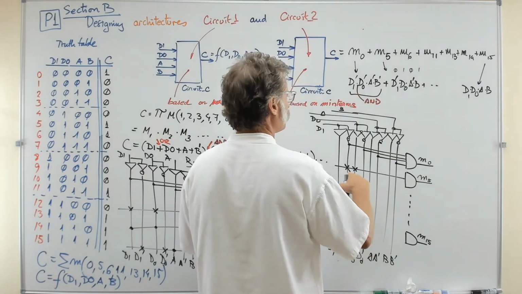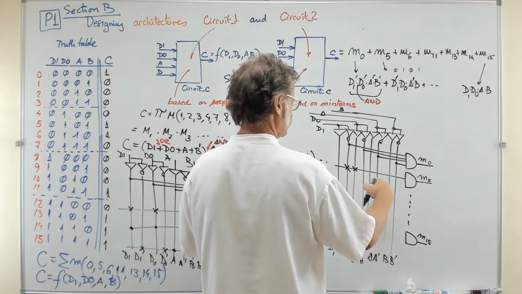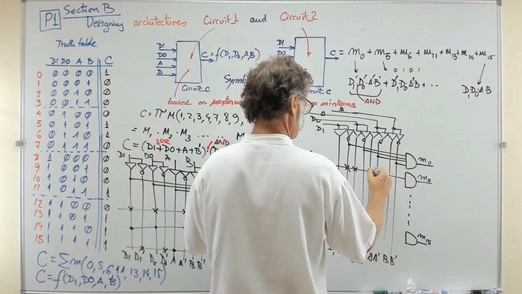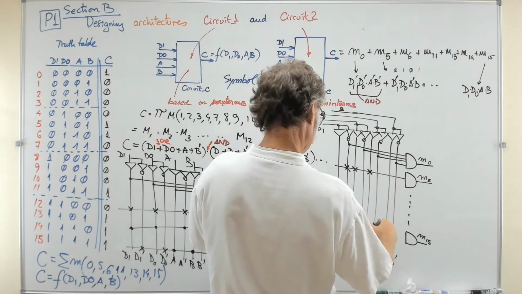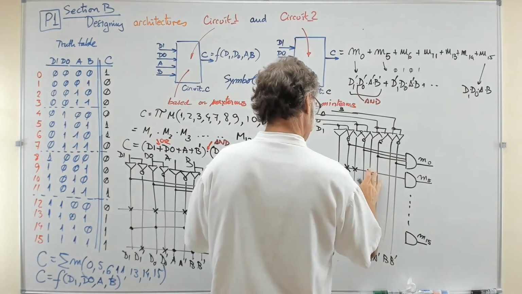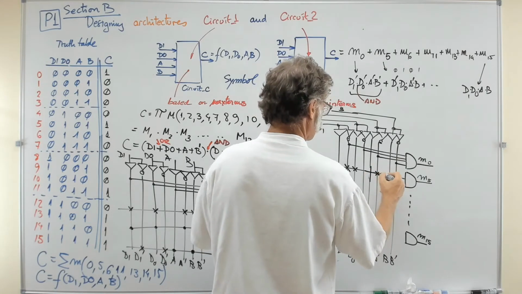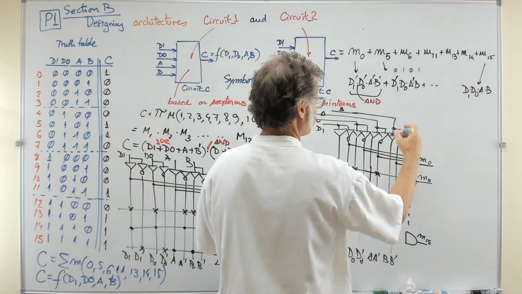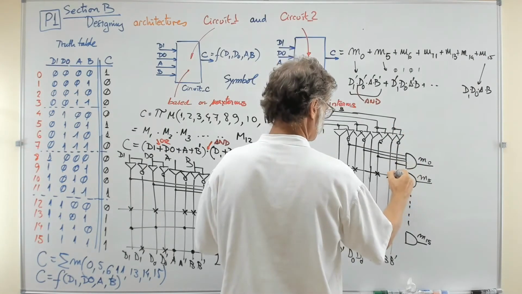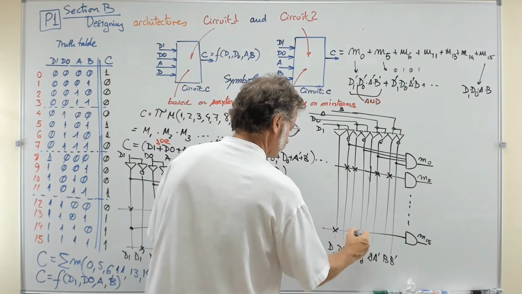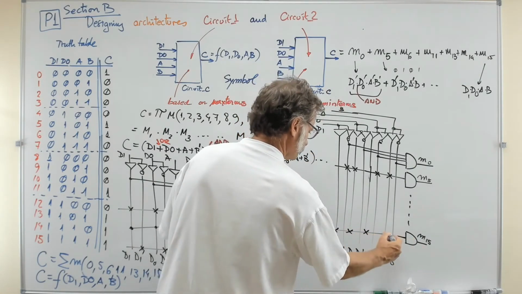So D1 not, D0, A not, so A not is that one here. No, this is A, this one, and finally B. That is correct. And the final one is D1, D0, A, and B.